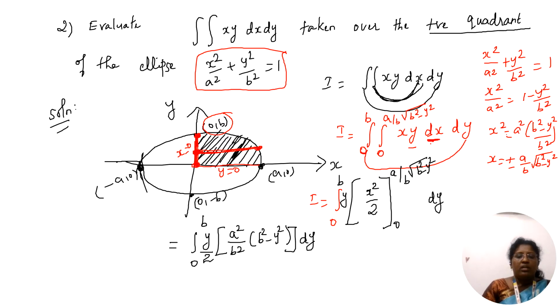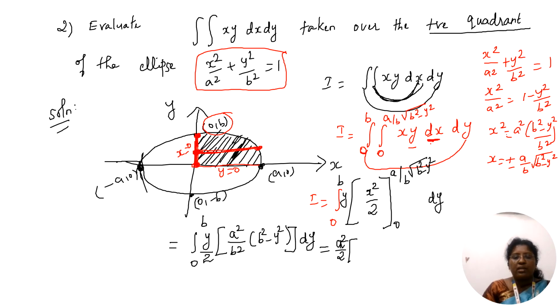Now we have to integrate this with respect to y. Here 1 by 2 is constant, so keep it outside. Also a square by b square is constant, so take it out.